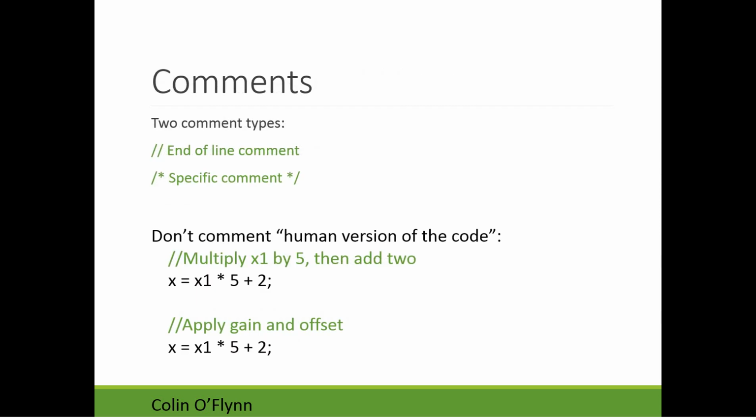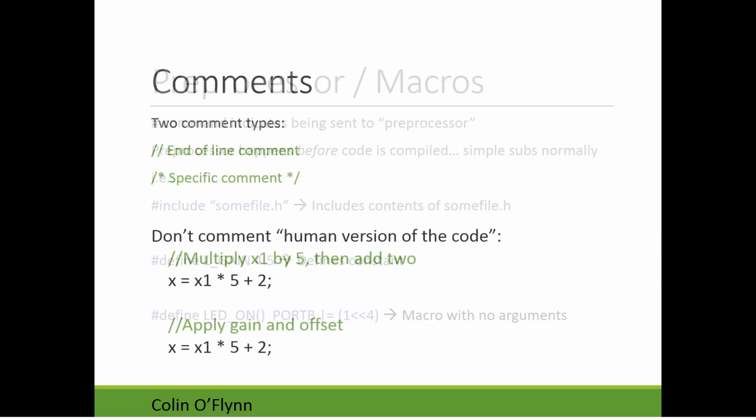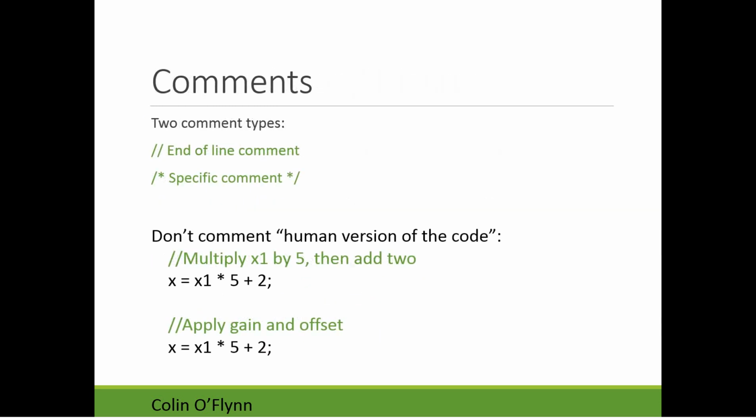All right, comments. The other thing you'll see in C code is these comments in green. So the comments are stuff that is for people to help them understand what the heck's going on. So there's two types of comments you'll see. The double slash here is an end of line comment.